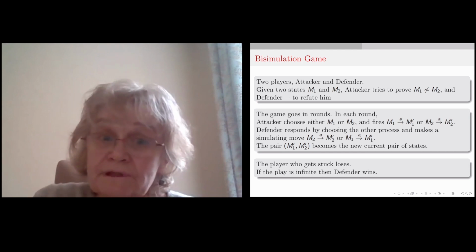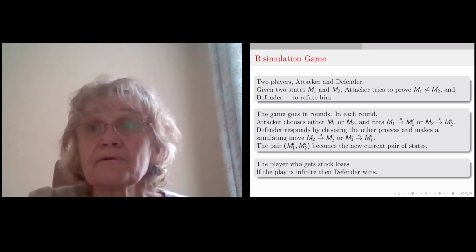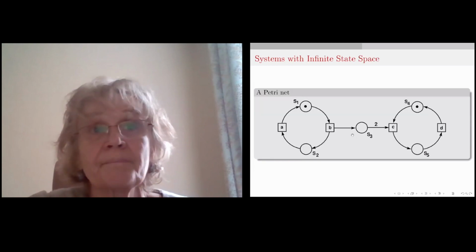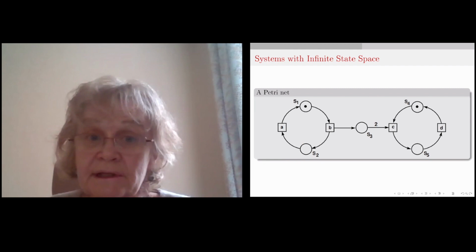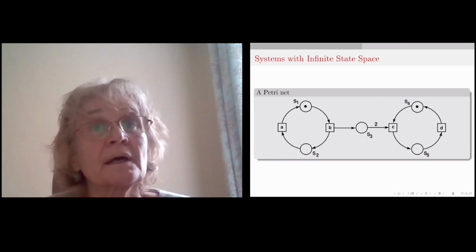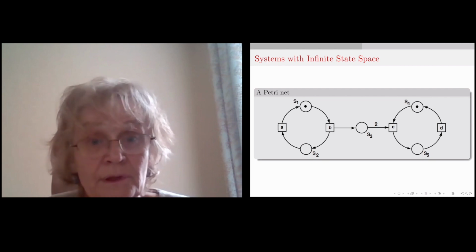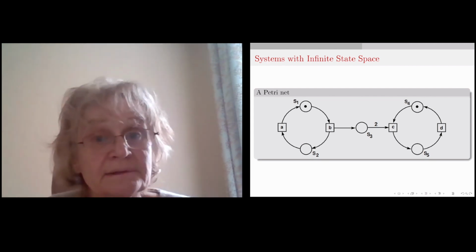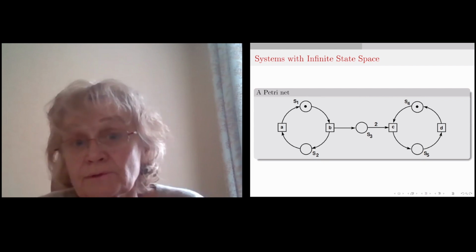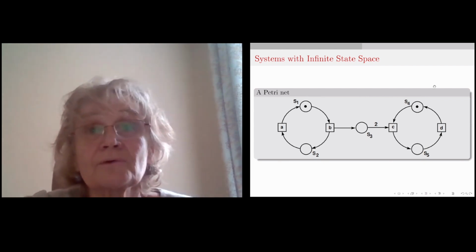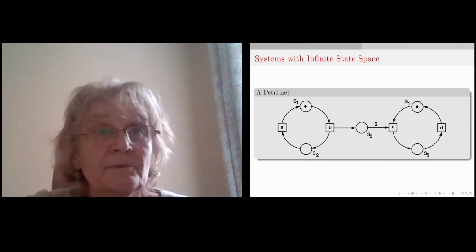So this was about finite state machines, but of course, there are also models with an infinite number of states, and an example of such a formalism is Petri nets. I'll show you an example and explain how it works.